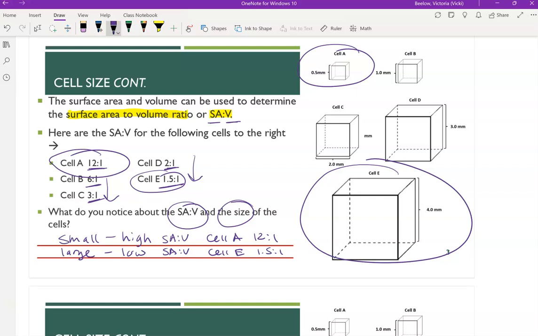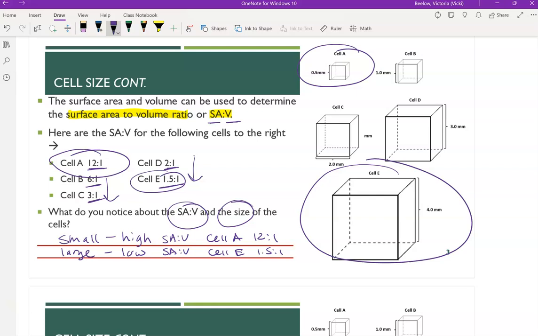So what this means is cell A has more surface area, more cell membrane, per how much volume it has, in comparison to cell E that has less surface area in comparison to its volume.